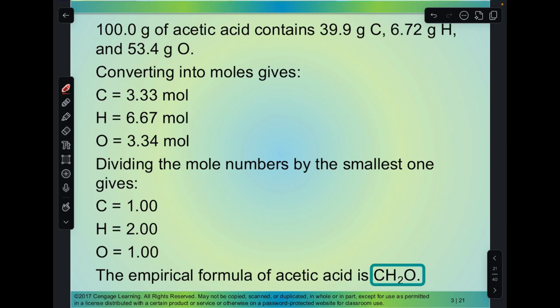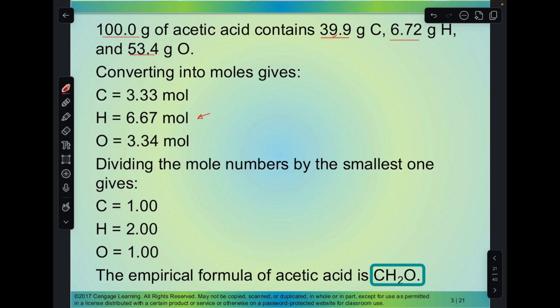Okay, so we'll proceed. We're assuming that we have 100 grams of acetic acid. It's going to contain 39.9 grams of carbon, 6.72 grams of hydrogen, and 53.4 grams of oxygen. And these are directly from the percentages. And so when we convert to moles, I'll give you an example of one. Let's just do this one because it's pretty straightforward.